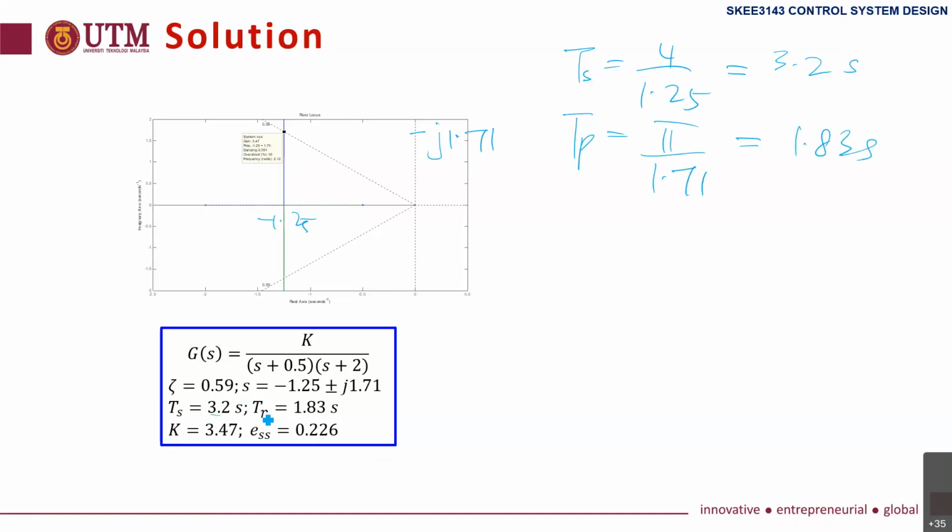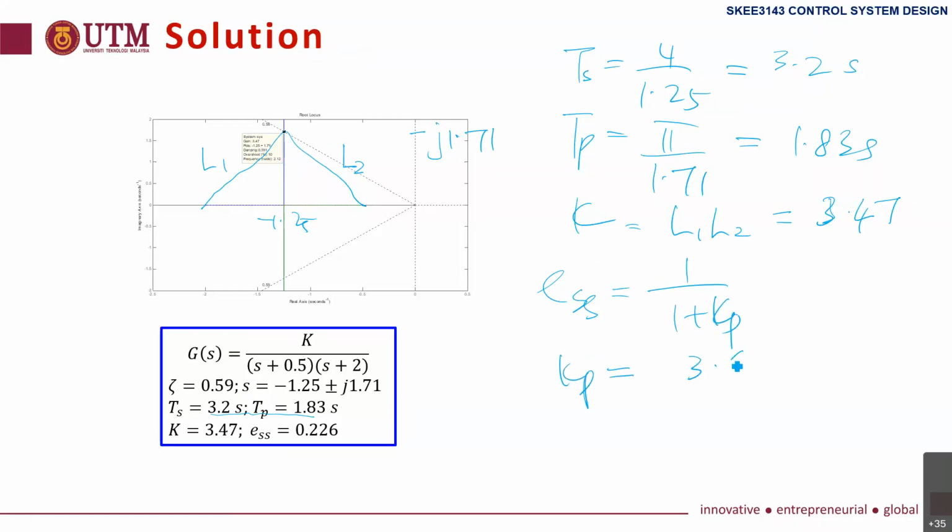I already calculated here. And K, if you calculate by using the formula L1, L2, K equal to L1, L2, we get about 3.47. Here I obtained it from MATLAB. And the error is 1/(1 plus Kp), in which Kp is 3.47 over 0.2 and over 1, 3.47.